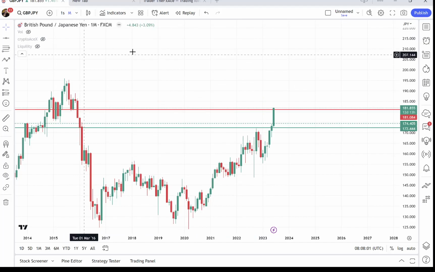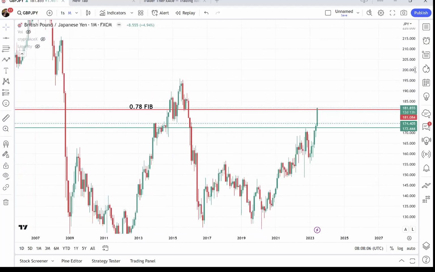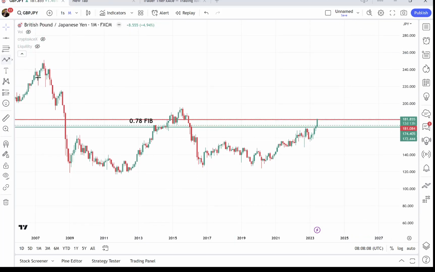And shorting it too, again, we are at a key fib level here from this. I think it's from this move down here.